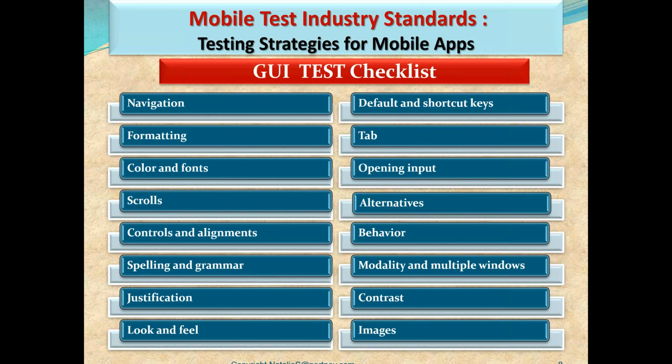And first is navigation. I want you to take notes of what I'm saying, just to give you an idea, because this is just the points, but the details we're going to talk about. So in navigation, check all menus, menu items, and toolbars for navigation.